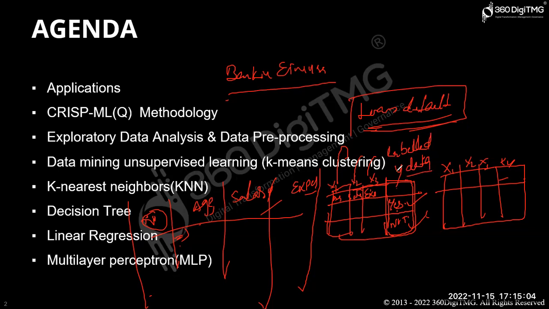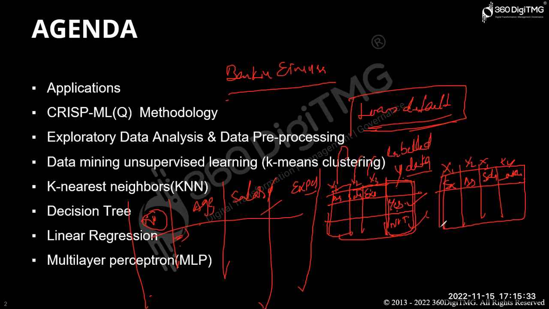In your data frame, if you have an output, that is Y, we will be calling it labeled data. If not, with the same features, experience, age, salary, and what else, outstanding loans, whether you have any outstanding loans or not, I will be considering different categories.